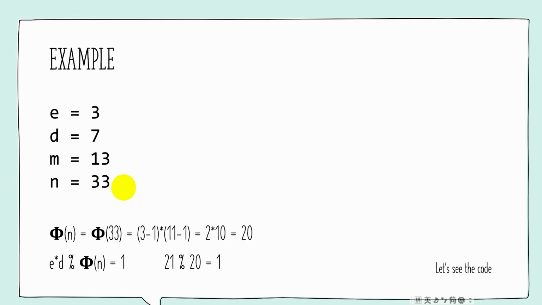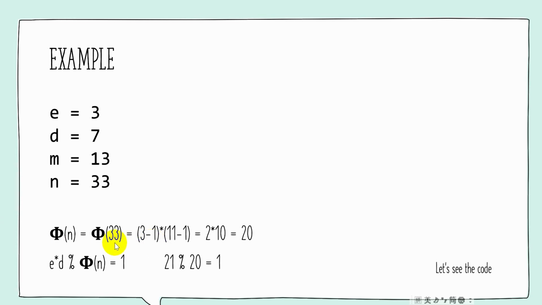So for example, we have the public key E is 3, private key D is 7, M the message is 13, and N is 33. In this example, phi n equals phi 33, because we know phi n, when P and Q are both prime numbers, will be equal to P minus 1 times Q minus 1.